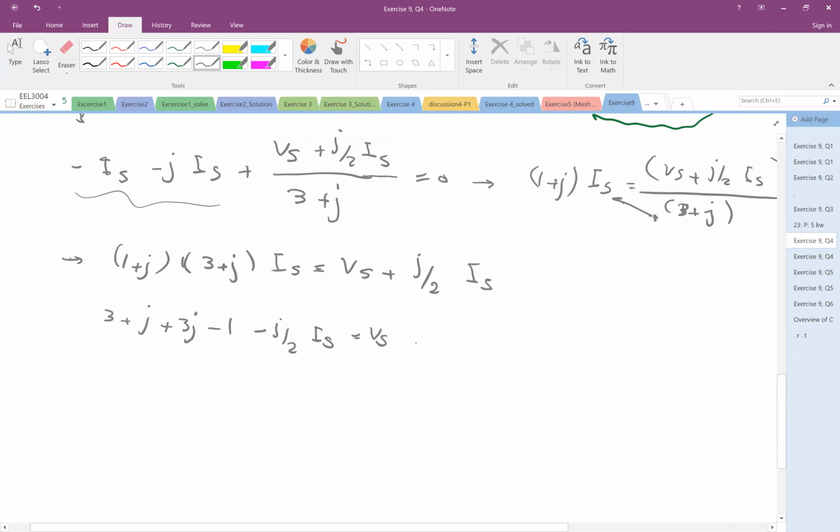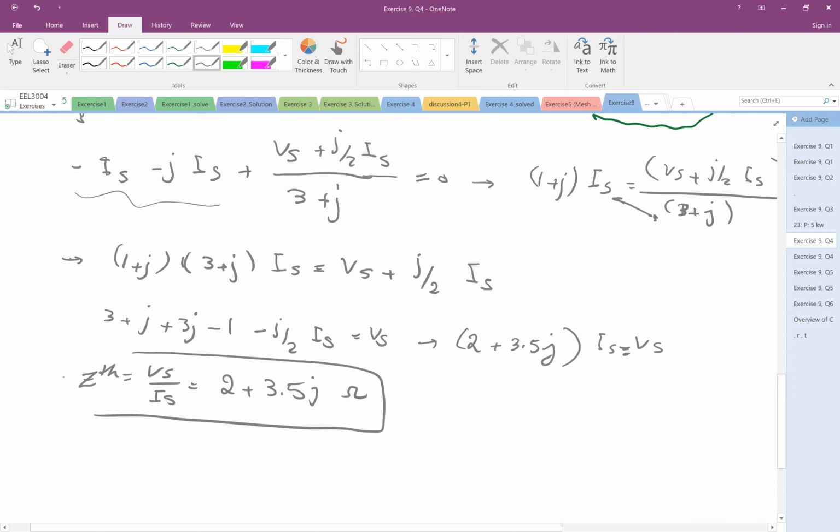So 3 minus 1 is 2. And then 3 plus 1, 4 minus half J. 4 minus half is 2.5 J. Is equal to Vs. So Vs over Is, therefore, is this. So Z Thevenin is Vs over Is, which is 2 plus 3.5 J.